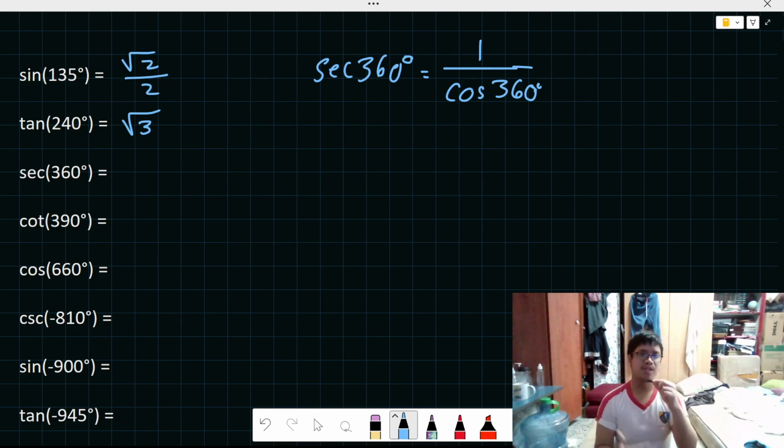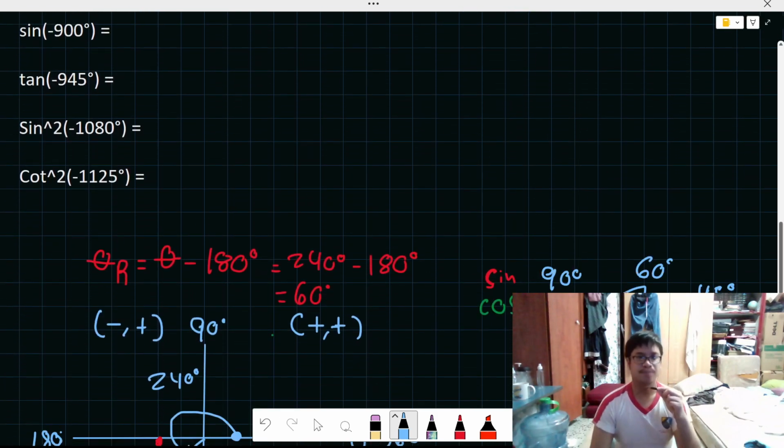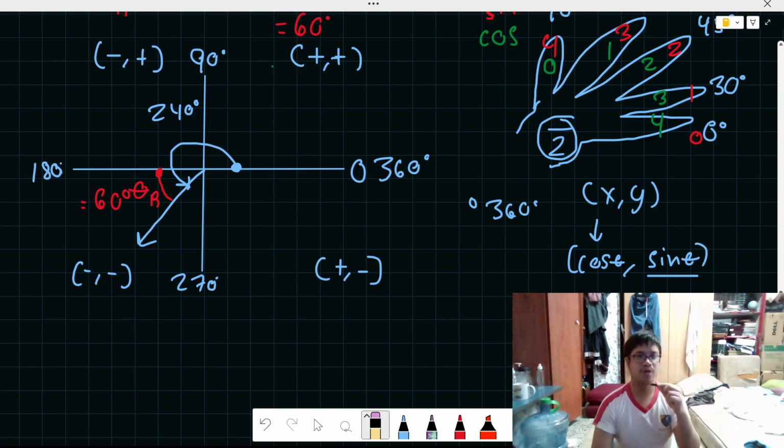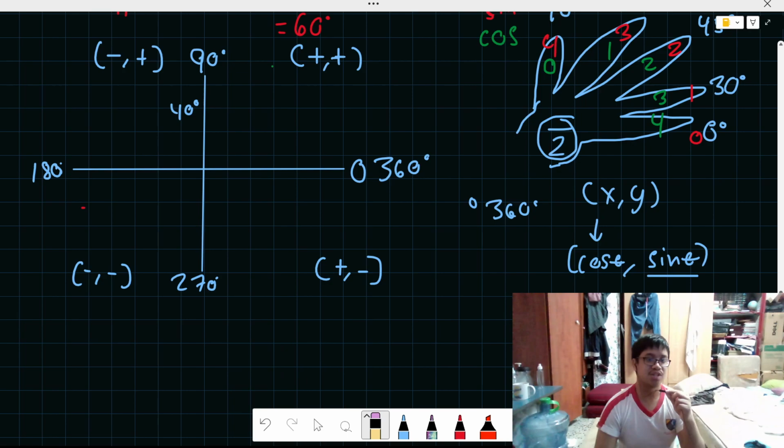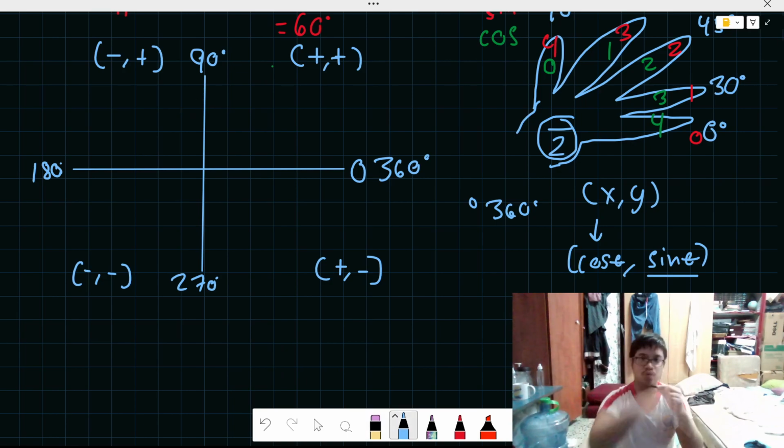All right. Now, what is cosine of 360 degrees? If you take a look at the graph, if you graph 360 degrees, it's basically one whole revolution. So from here, going there, that's a total of 360 degrees.